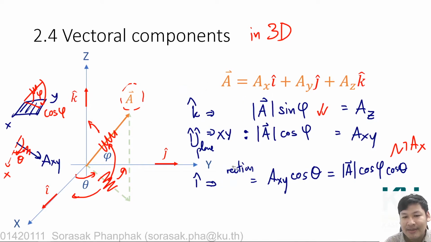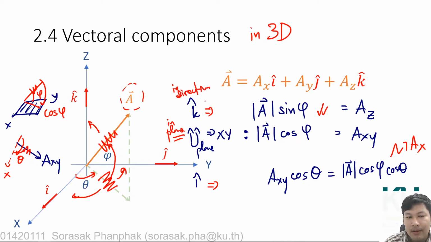I will rewrite this to the components of it. Okay, this is direction, right? This is in plane. This is in the direction of I. So you now got the first one is AZ, and another one is AX, which is equal to this term.